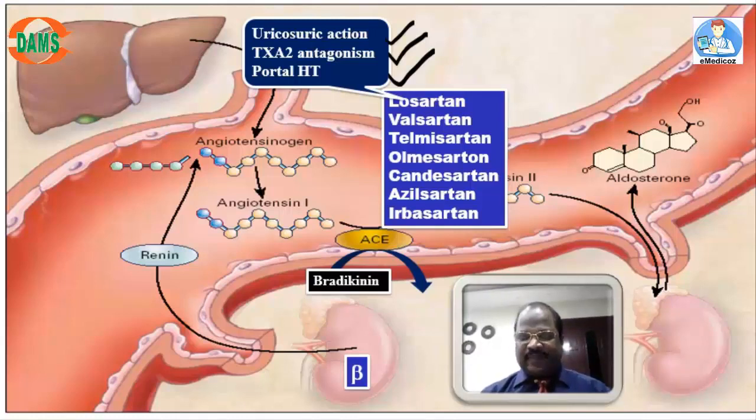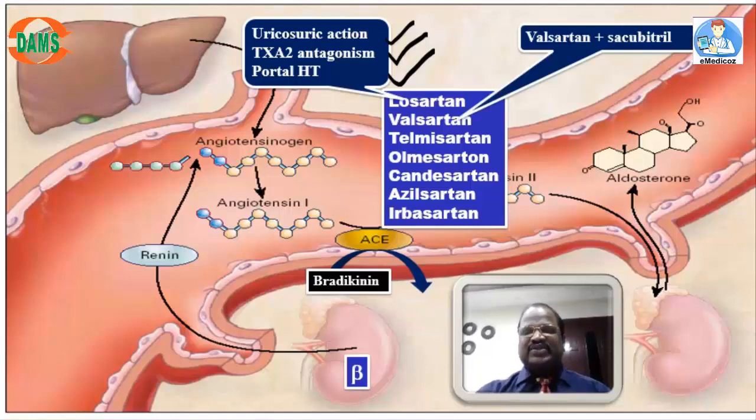Valsartan, an ARB, is given along with sacubitril. Sacubitril is a neprilysin inhibitor. So the combination of valsartan plus sacubitril is an important combination useful for treatment of congestive cardiac failure.